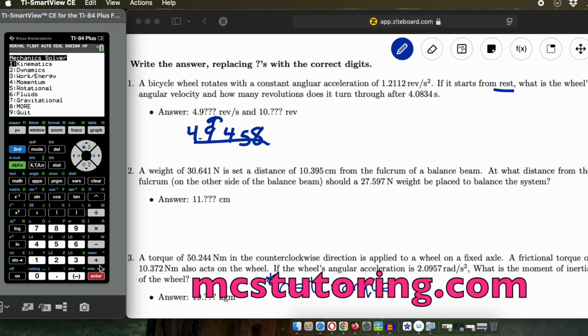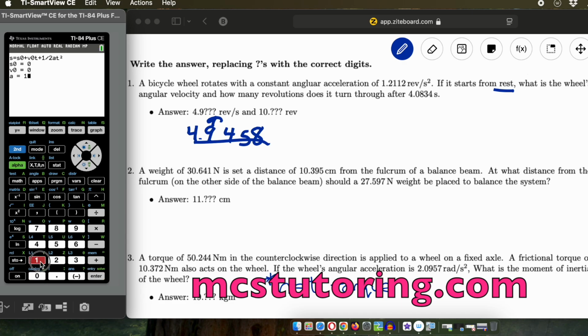Then, how many revolutions does it turn through? Again, we're going to use the kinematics, in this case the distance. That's what S is, distance traveled, so we want to find the final position. I should have called it SF, but we'll just call it S. The initial position is 0, and the initial velocity is also 0, because it's at rest.